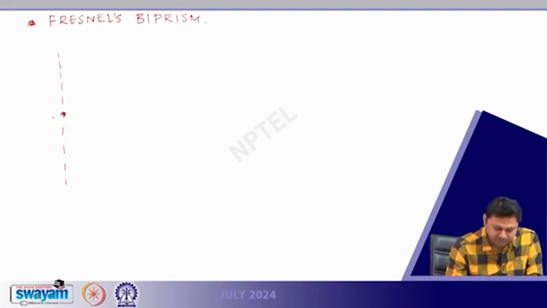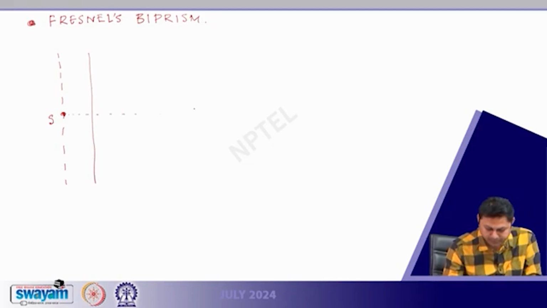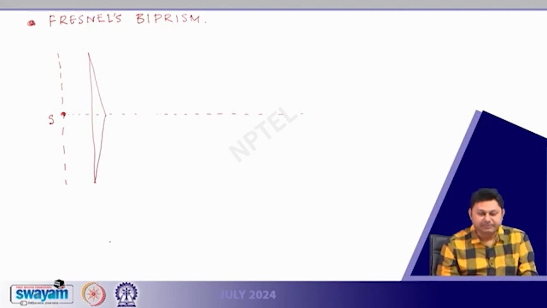This is the real source. But we have a prism with very small angle. This is the biprism.